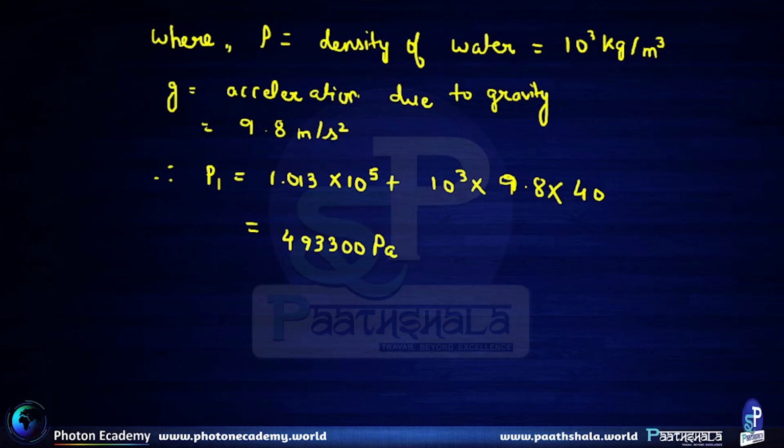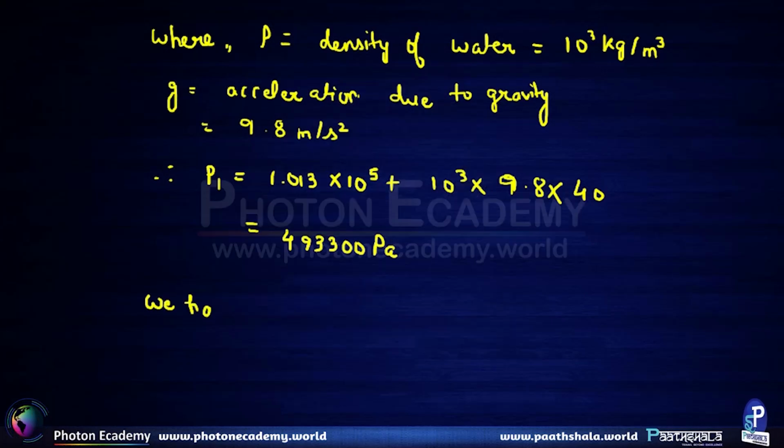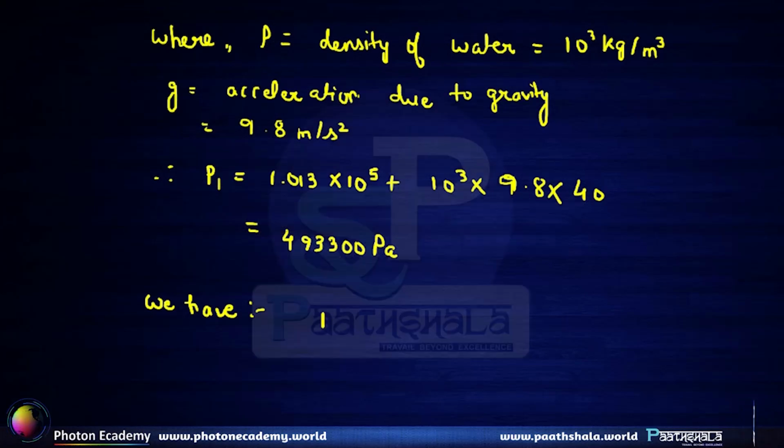So now we have P1 V1 upon T1 is equal to P2 V2 upon T2.